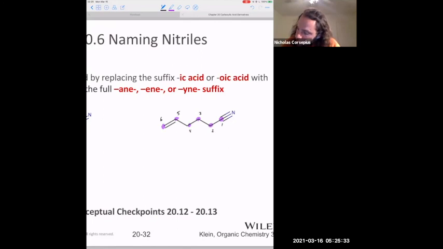So this would be 5-hexenenitrile or hex-5-enenitrile. Either would be accepted. Again, notice that I'm keeping that E there because otherwise, like in this case, you can see I'd have two N's running into each other. So that's when we include the E, is when you're going to have two consonants otherwise butting up against each other.